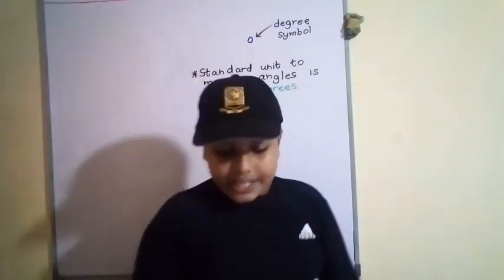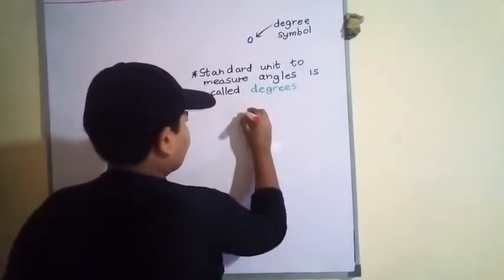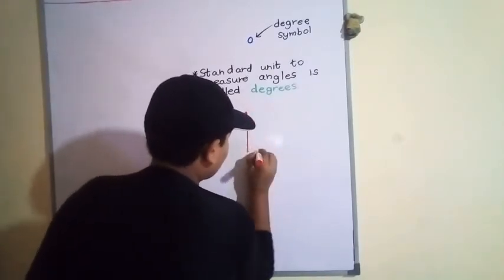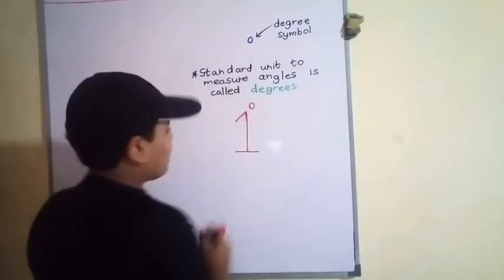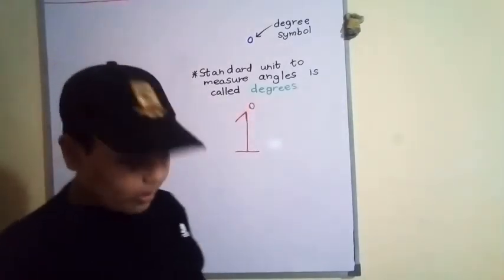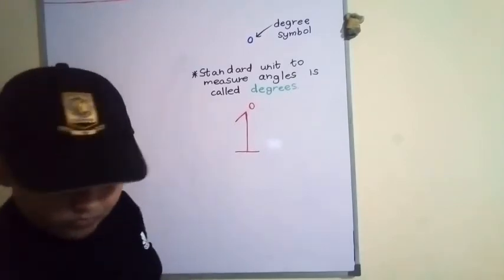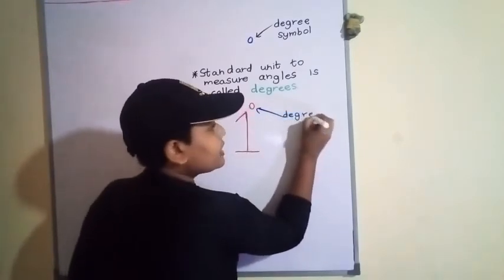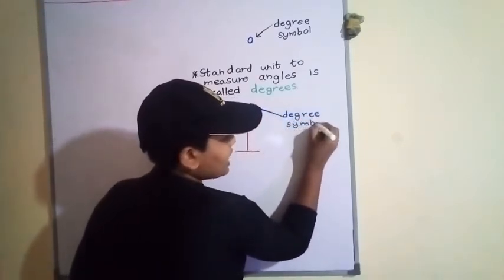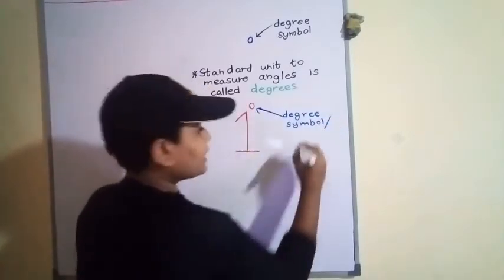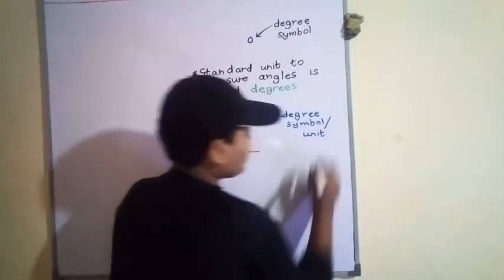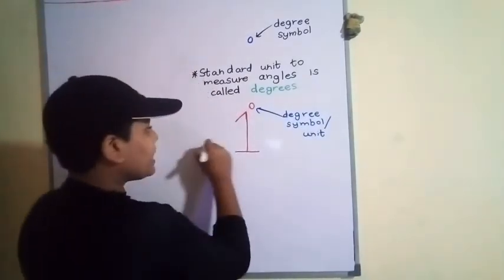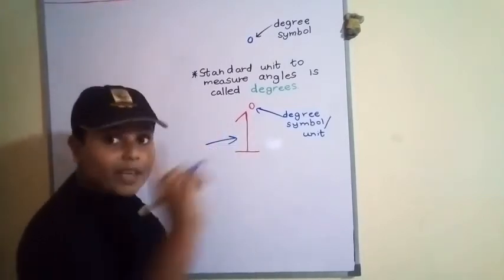If you get 1 degree, write this, the 1 degree, the small zero. Now this is the 1 degree. This one is the degree symbol, or you can name this as the degree unit. Now what is this?